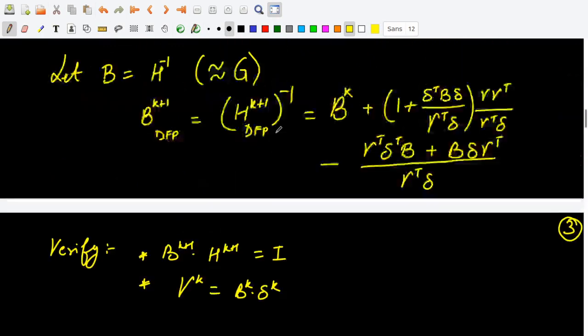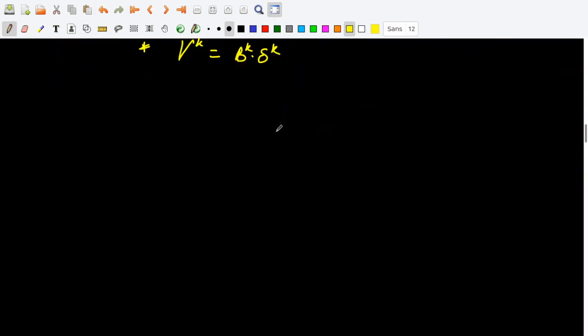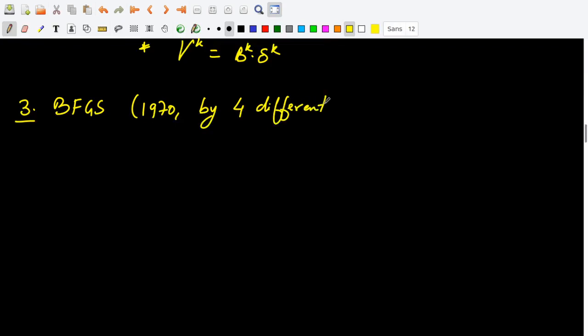So let's look at one more very famous update formula, which is called BFGS. This was proposed in 1970 by 4 different researchers, actually, individual researchers, including our favorite Fletcher.